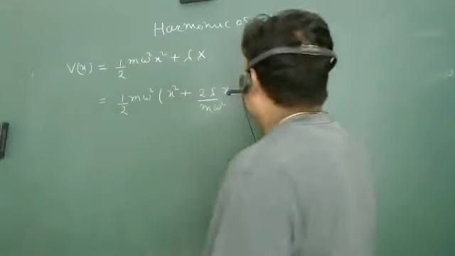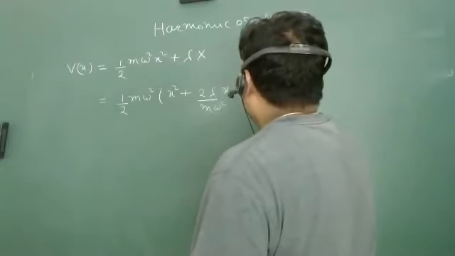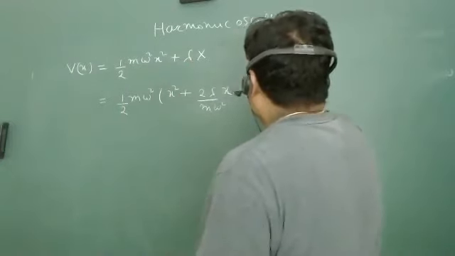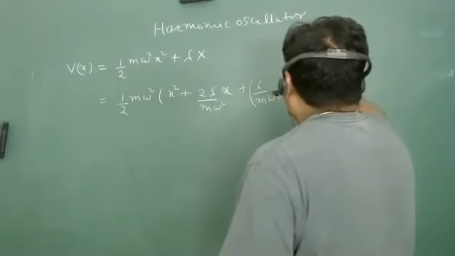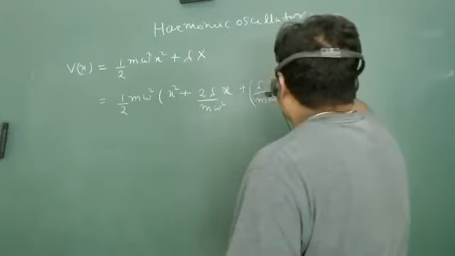So you can add lambda upon m omega square, and subtract lambda upon m omega square whole square.